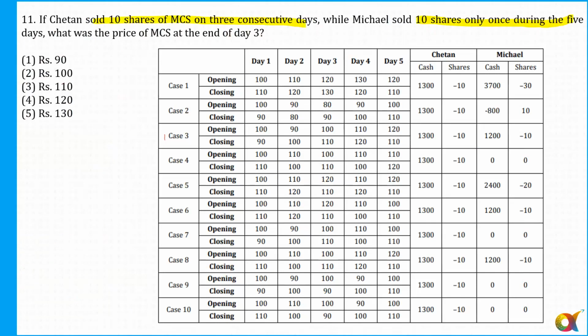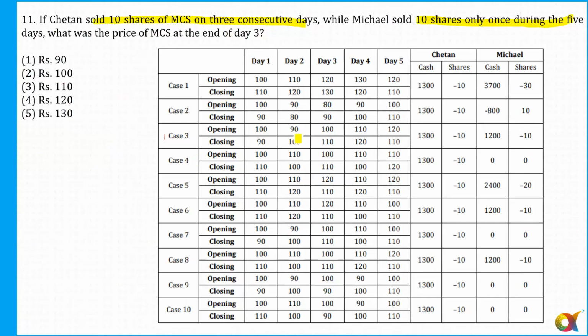So what was the price at the end of day 3? First I need to find out in which case this is satisfied. If you look at all the cases here, the only case which will satisfy three consecutive days is probably case 3.